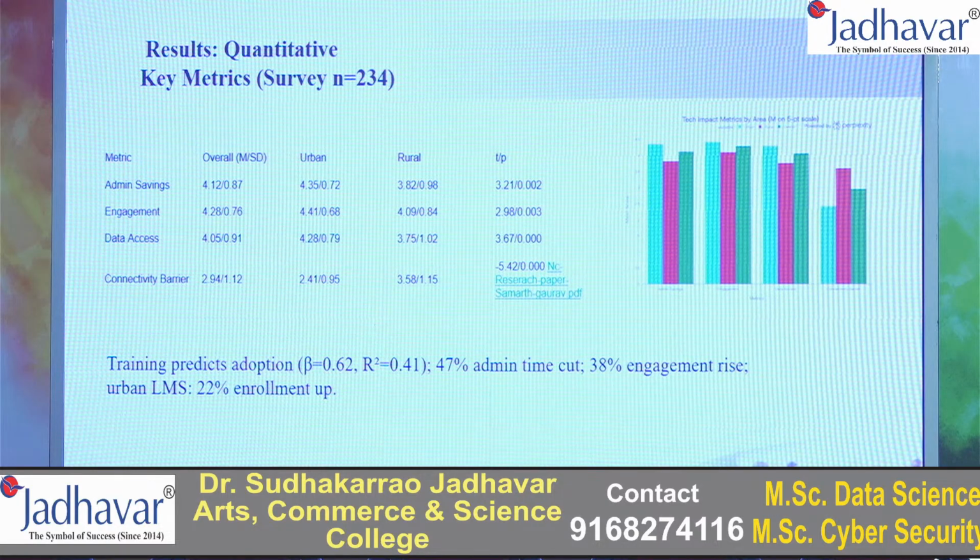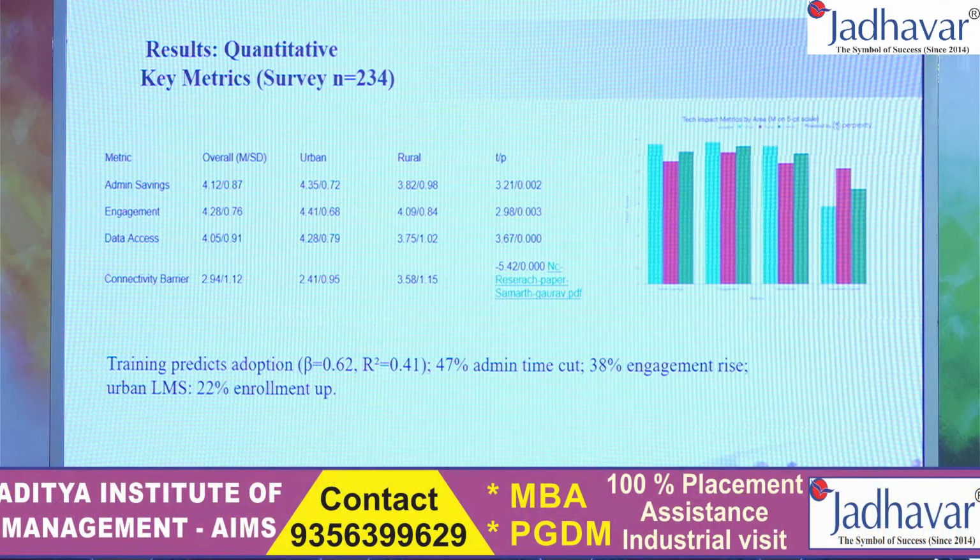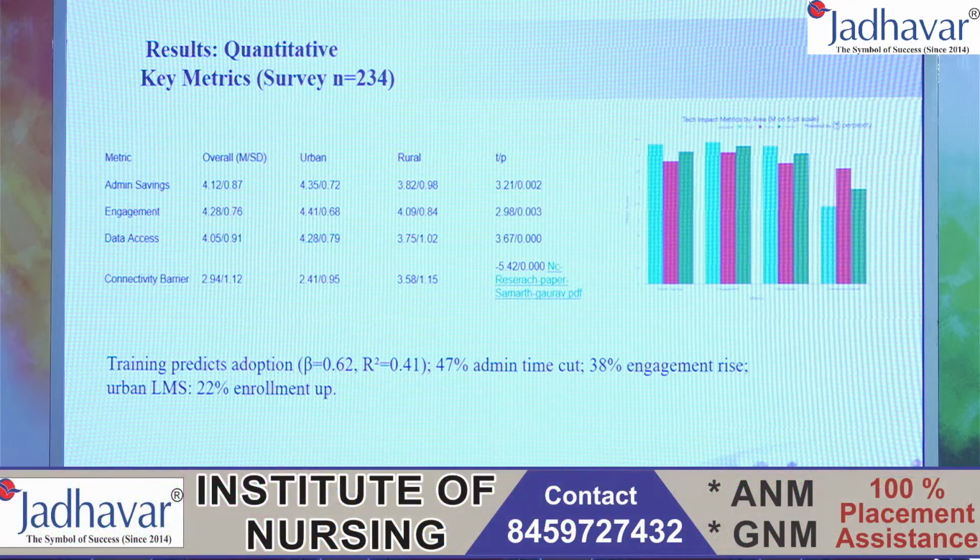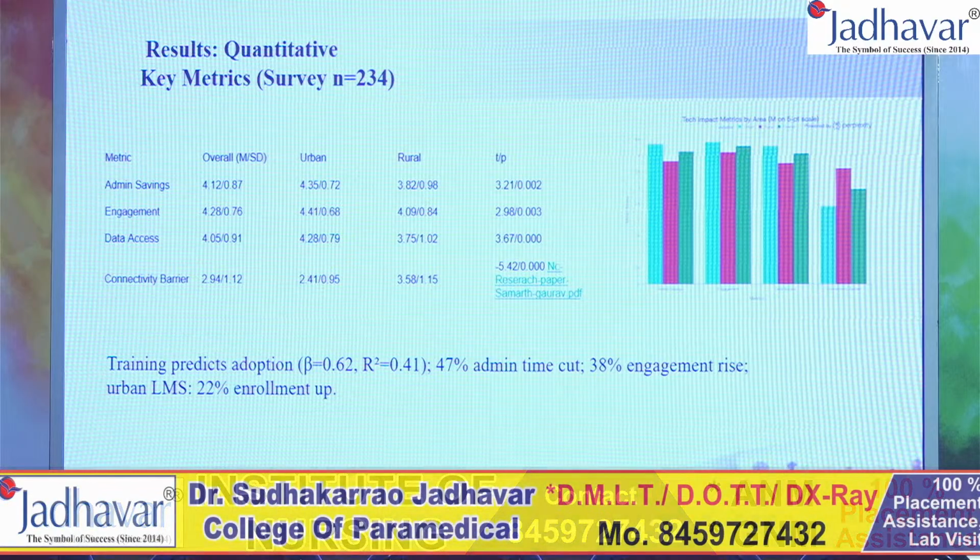It means 41% of the result is explained by training. There is a 47% cut in administration time using technology, a 38% rise in engagement using AI technology in the urban learning management system, and an overall 22% increase in enrollment using the technology.